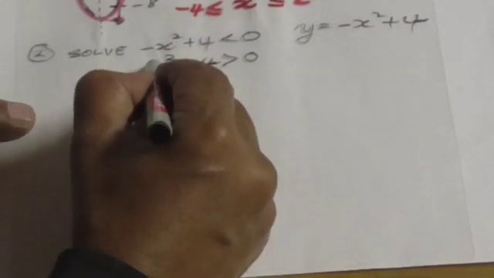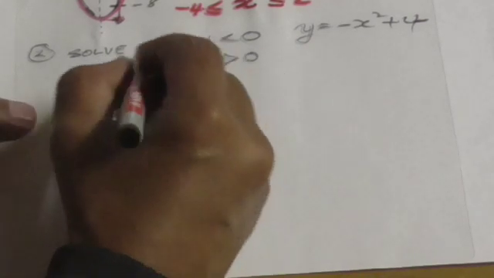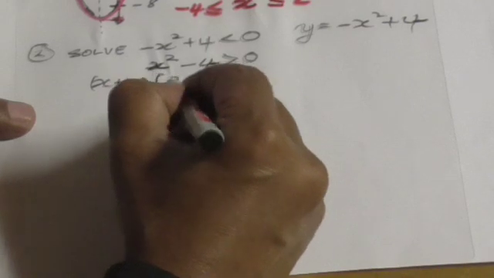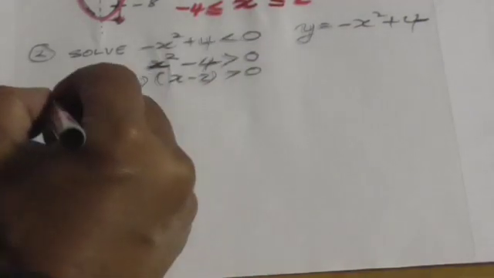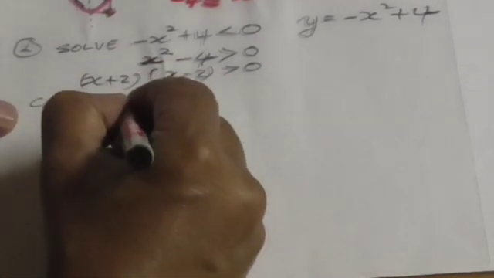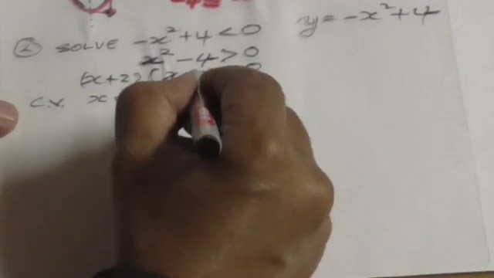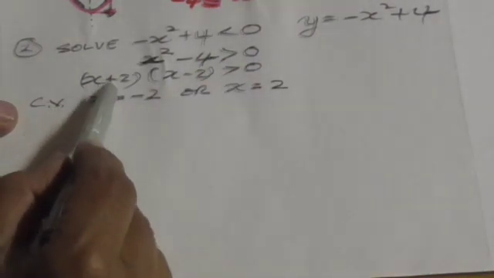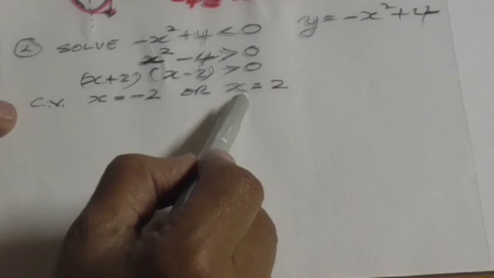So that question becomes x² minus 4 is greater than 0. Once again, you factorize: (x plus 2)(x minus 2) is greater than 0. Then you find your critical values. I won't do everything step by step. x is equal to -2 or x is equal to 2.